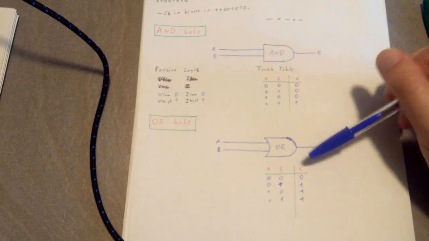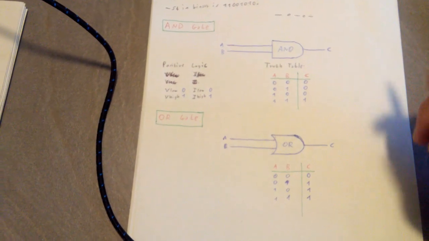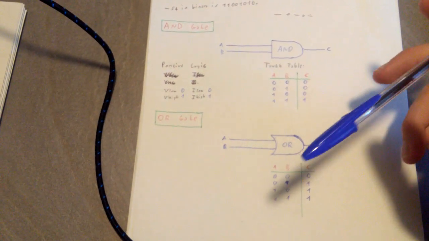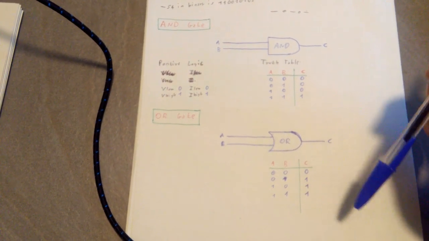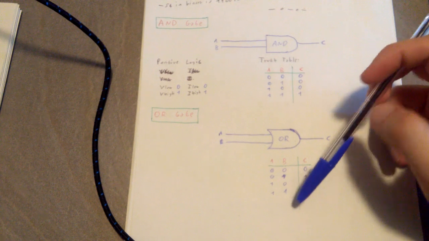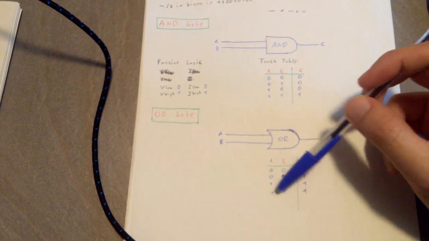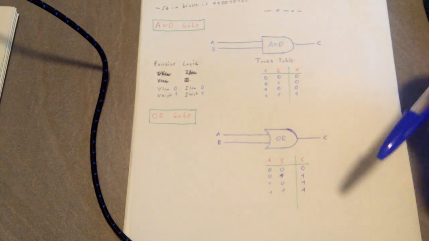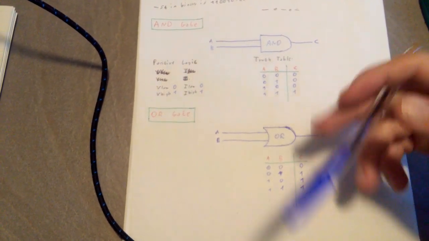The OR gate has a little bit of ambiguity. The thing is that, sure, at least one of them has to be 1. And we said that if both of them are 1, so high voltage, the output is going to be 1 with high voltage, which is fine, as we said, the more the merrier.